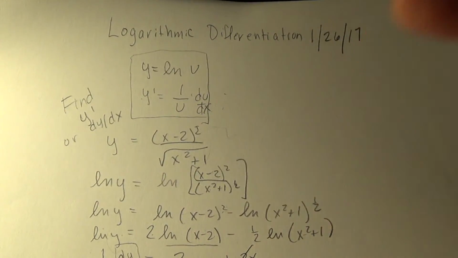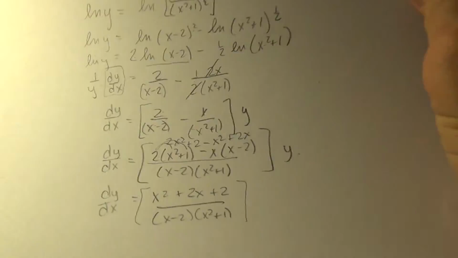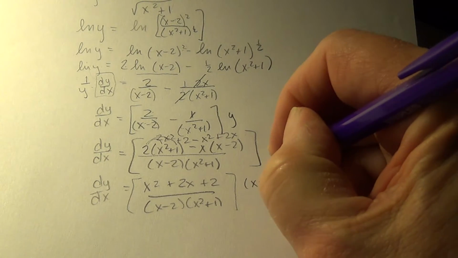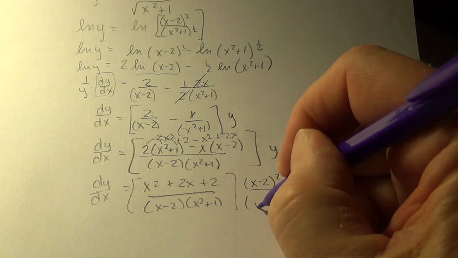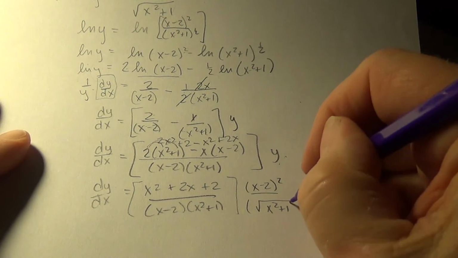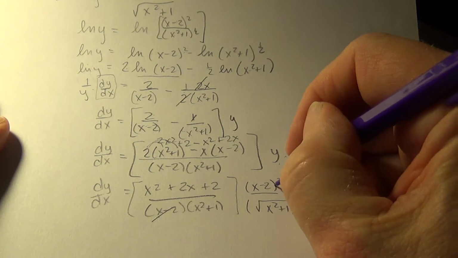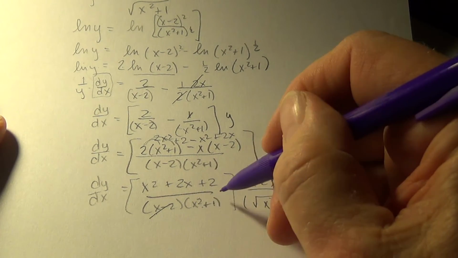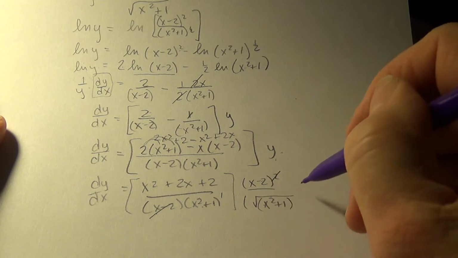This expression right here. So coming back here, I change y to x minus 2 quantity squared over square root of x squared plus 1. Alright. So this is a same factor, so I'll take that, and now we have an x squared plus 1 to the 1 times an x squared plus 1 to the 1/2.